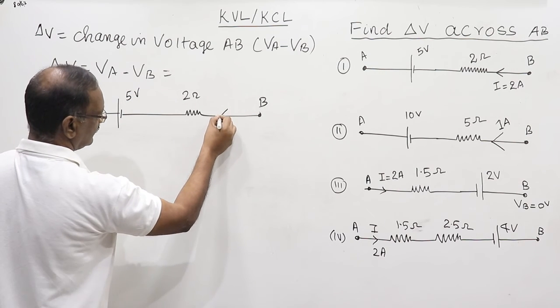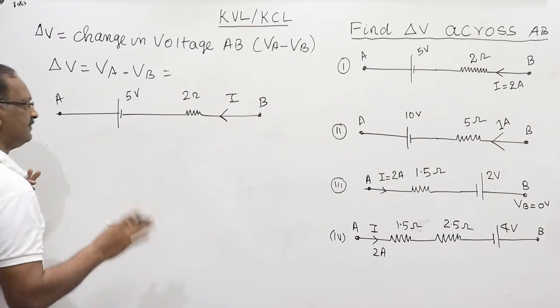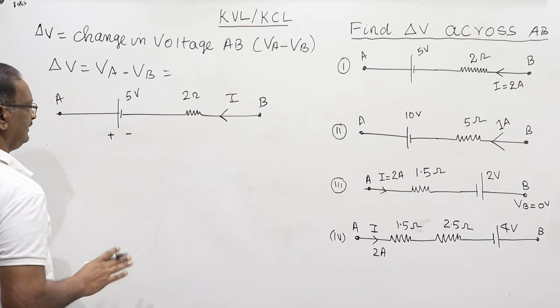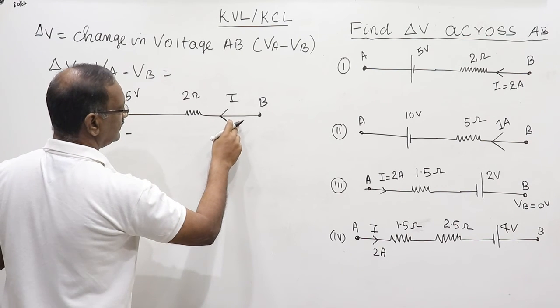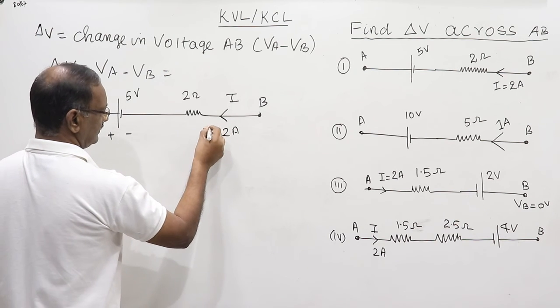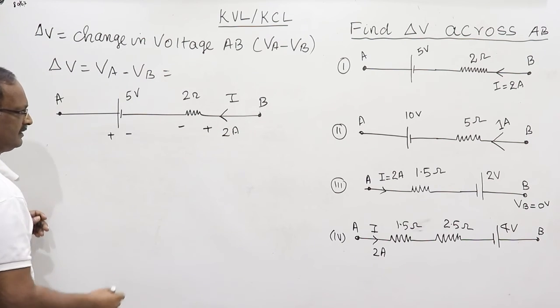The current is flowing in this direction. It means first we have to mark this: this will be positive, this will be negative because it is a battery. And the current is flowing this way, I is equal to 2 ampere from here to here. It means this is at higher potential, this is at lower potential.